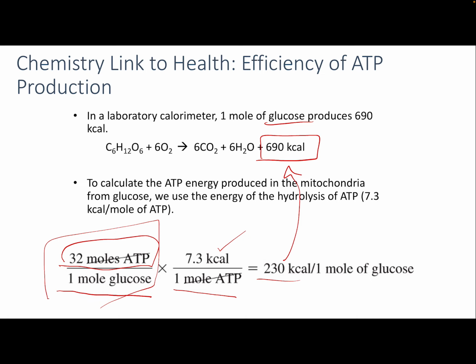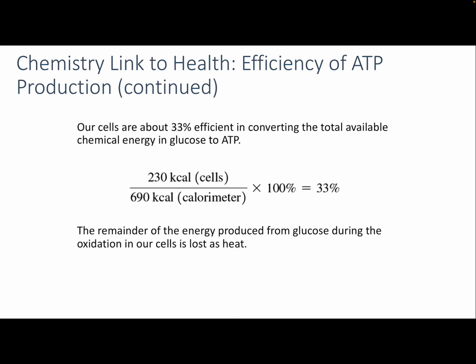So what's going on here? We can actually calculate the efficiency of our cells in converting the energy stored in glucose into ATP, and it seems that we can only convert about 33% of that stored energy into usable stored energy for our bodies. And you might think that that seems very inefficient.